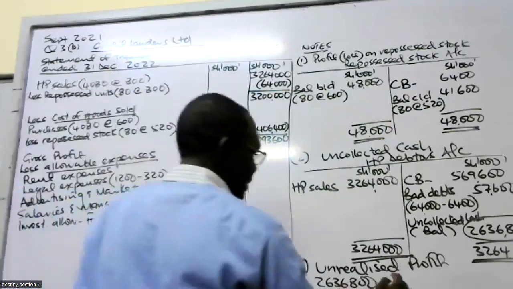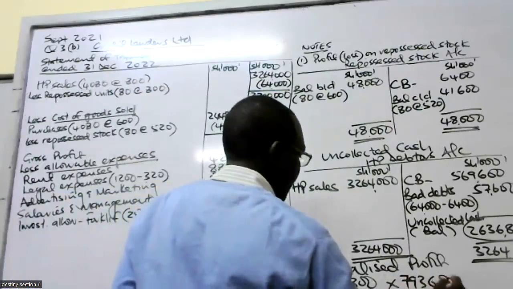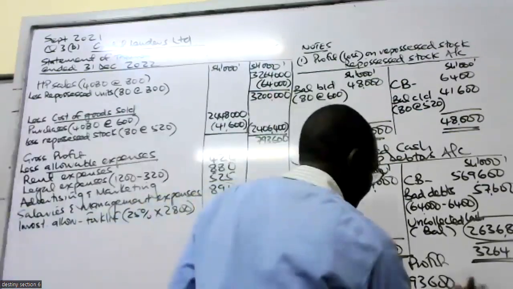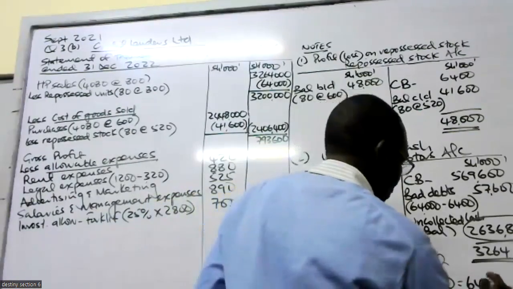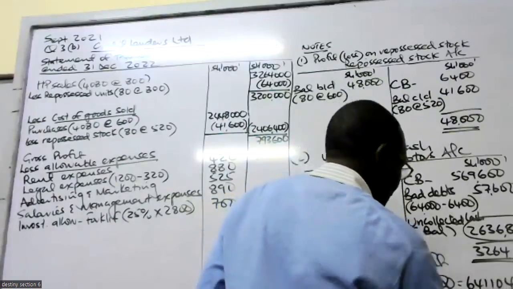then we multiply that by the gross profit, 693,600. So our unrealized profit figure is 641,104.